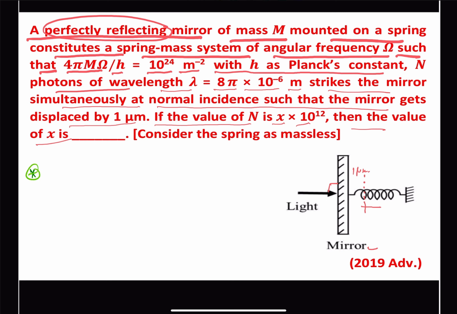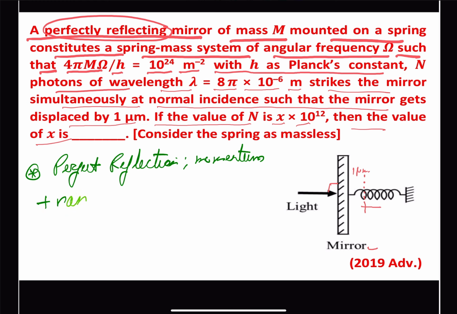Therefore, we can say for our perfect reflection, momentum transferred per photon will be equal to 2h upon lambda.